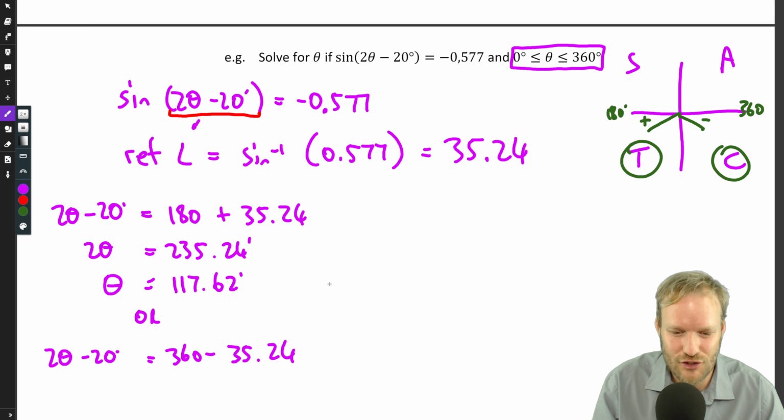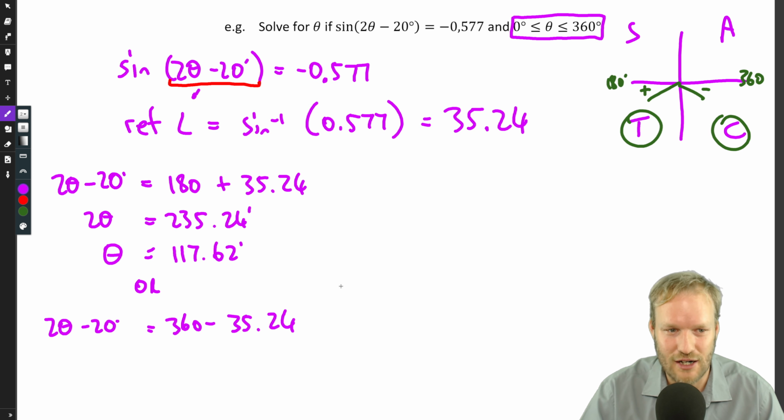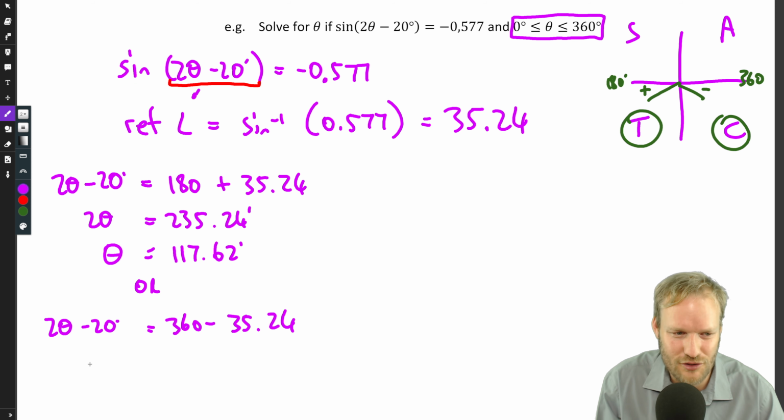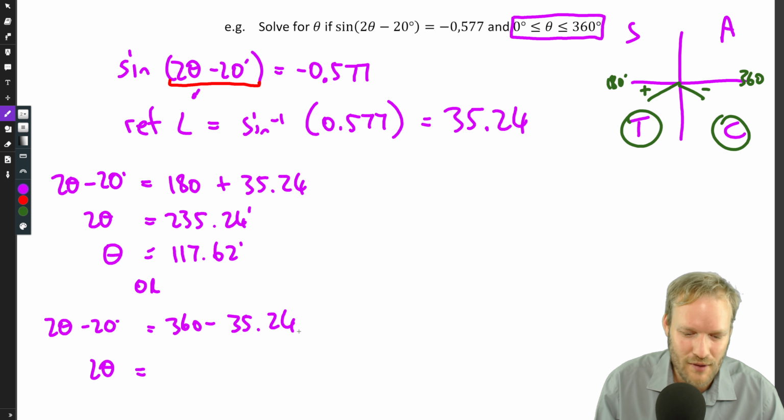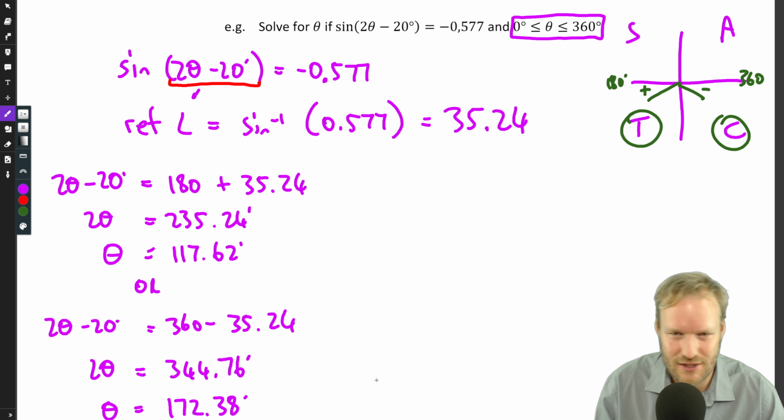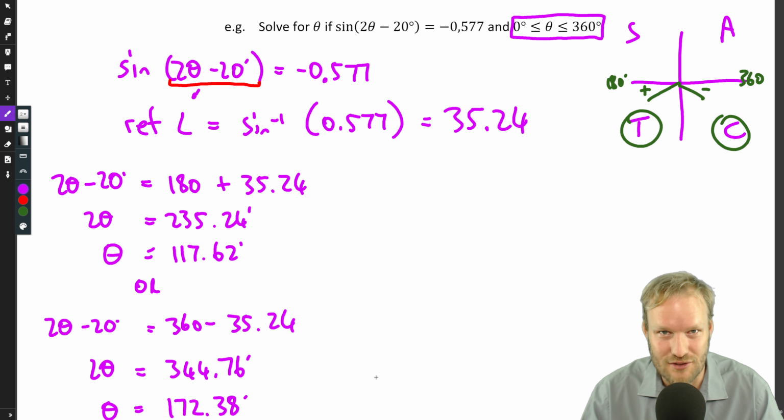So there's our one solution, and we could solve our second equation. And we'll do it in the same way. 2 theta equals 360 minus 35,24 would be the other quadrant 4. And we can then add 20 to that, and we'll get 344,76 and divide that by 2. So 172,38 degrees. And those are all our answers.